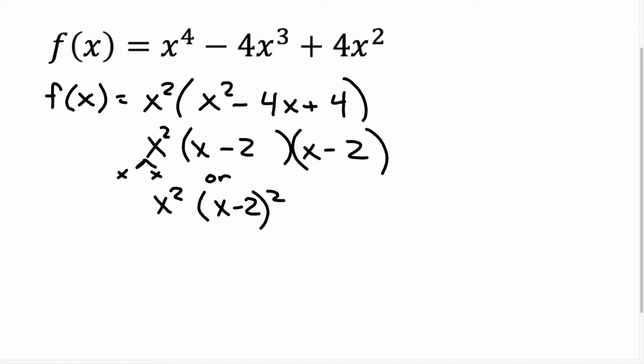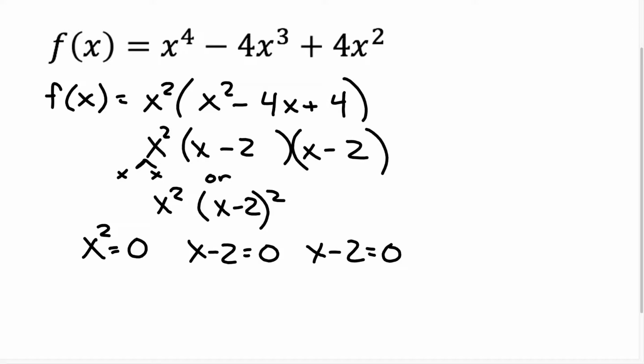Okay. All right, so step 2, set your factors equal to 0. So if you want to use like this form, you would say x squared equals 0, x minus 2 equals 0, and x minus 2 equals 0. Or you could use this one where you have them repeating and you'd only write them once.